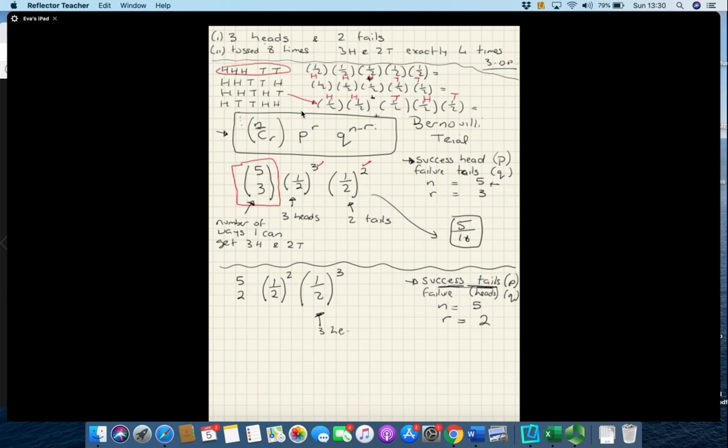So this is my 3 heads in this case. This is my 2 tails in this case, and this is the number of combinations. So 5 choose 2. Let me just put that into my calculator. And not surprisingly, I also get 5/16.